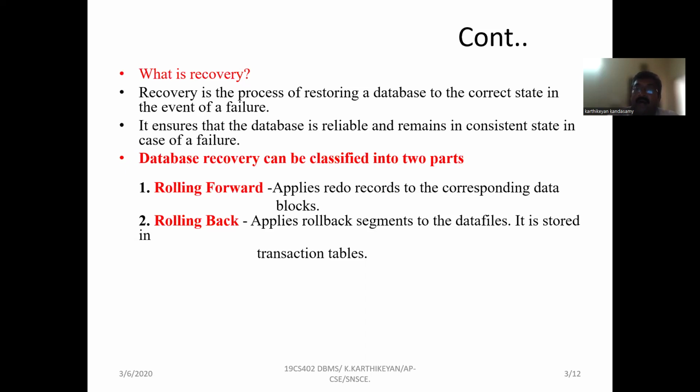Rolling forward means applying redo records to the corresponding data blocks, and rolling back means applying rollback segments to the data files stored in the transaction table. These are the two processes in the recovery stage, for example in an ATM card or any other banking transaction.